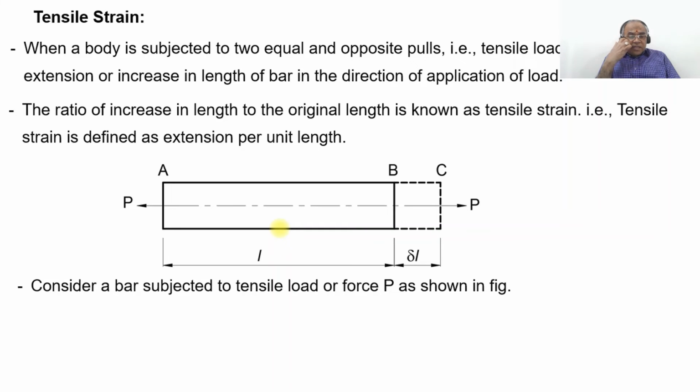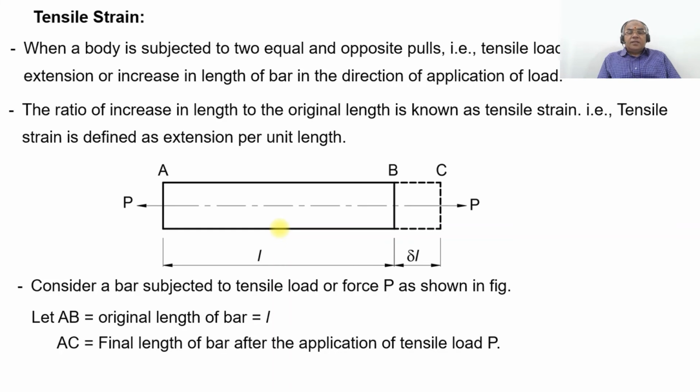So here we consider a bar which is subjected to a tensile force or tensile load P as shown in the figure. Let AB be the original length of the member, which is equal to L. AC is the final length of the bar after the application of the tensile load P, because we are considering tensile strain.